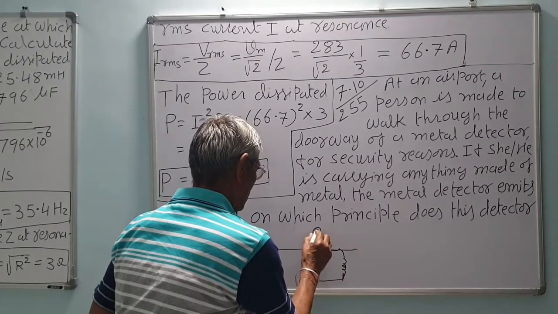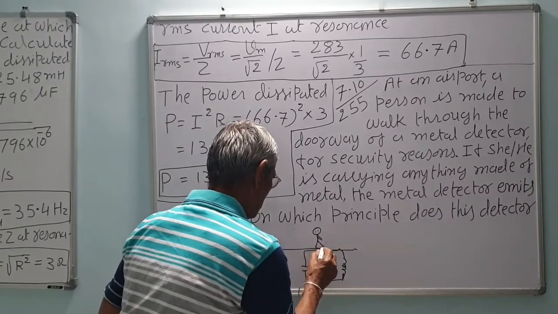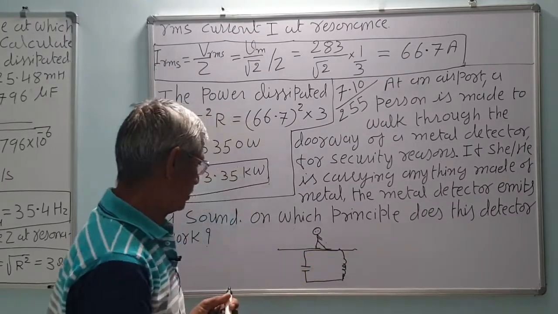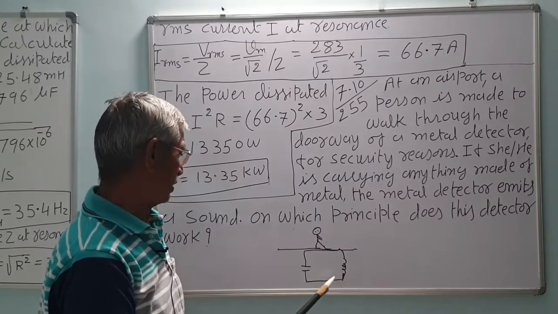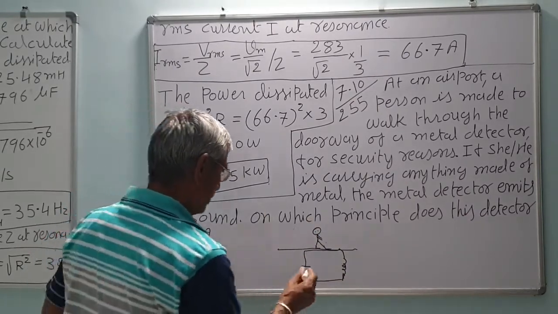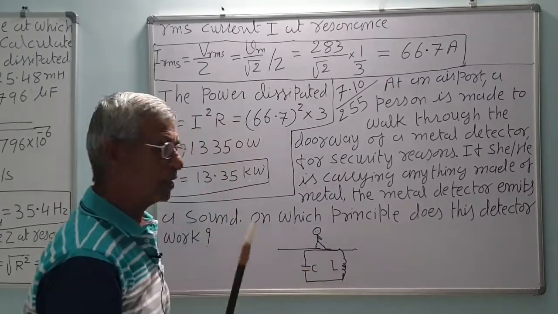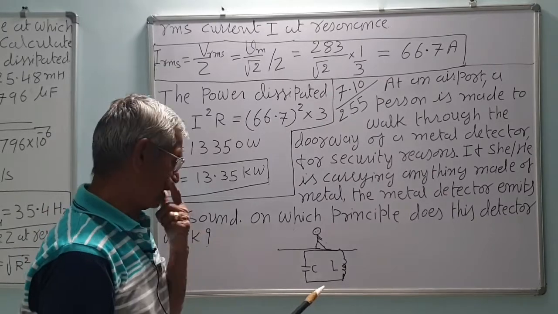The person is allowed to walk on this platform, walking on the tuned circuit. There is an inductor and a capacitor, this is L and this is C. So it is an LC circuit, and it is in resonance.